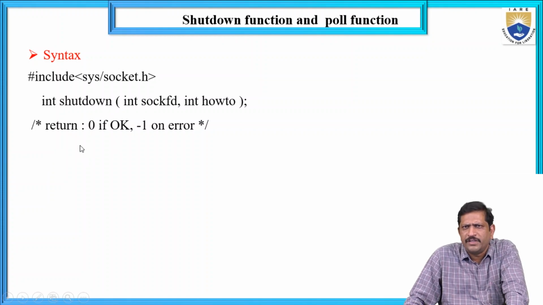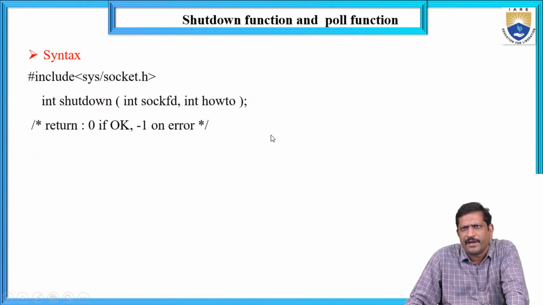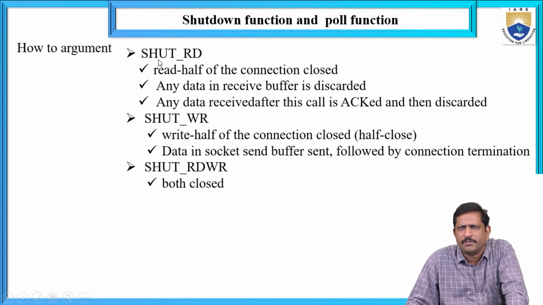Returning 0 means the transaction is completed between client and server. If it is -1, that means an error occurred while transmitting the data or file from sender to the receiver. Here is the how argument used by shutdown.